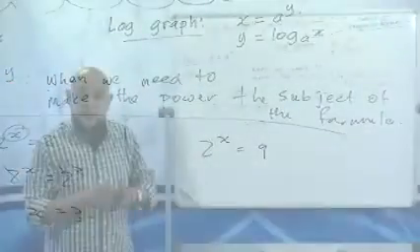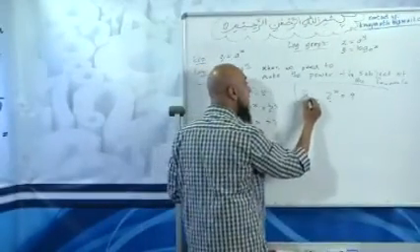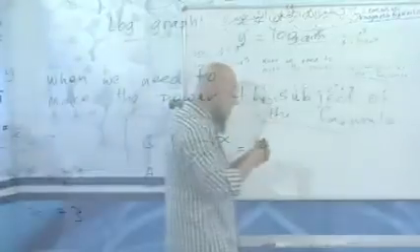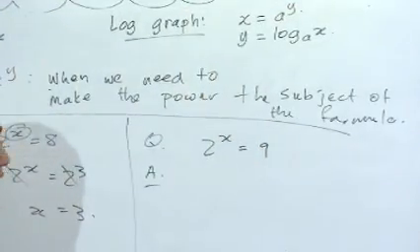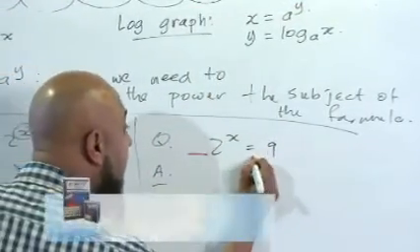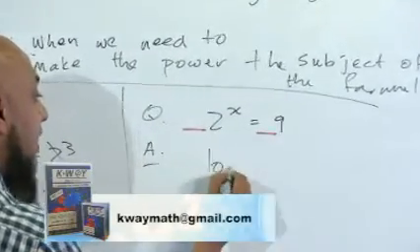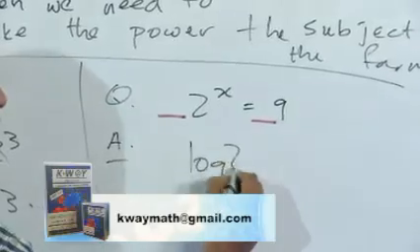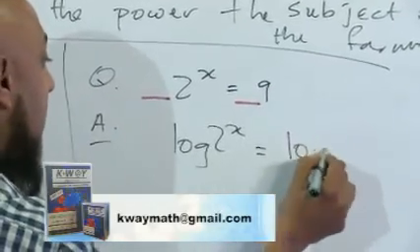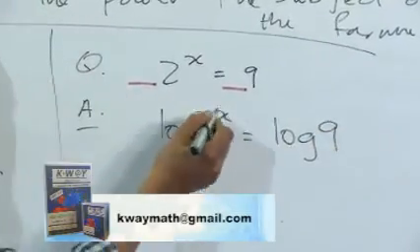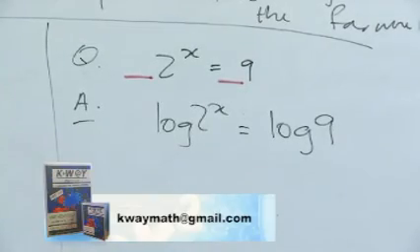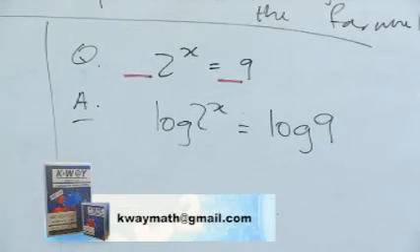Let me show you. If this is the question, 2 to the power x is equal to 9, in your answer we will attach a log. You attach a log on the one side, and a log on the other side. So log 2 to the power x is equal to log 9. Now logs are the only rule in mathematics that allows you to bring the power in front.